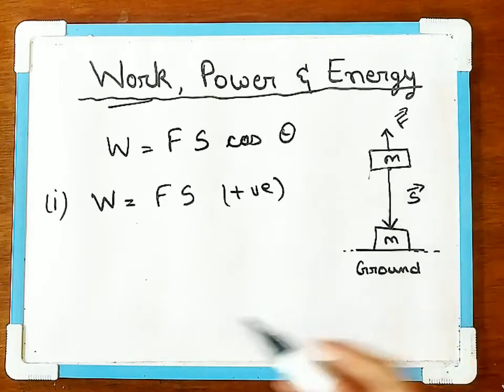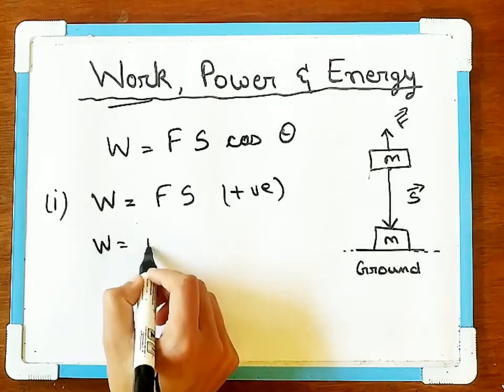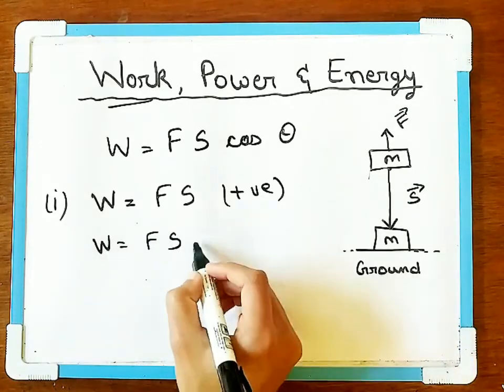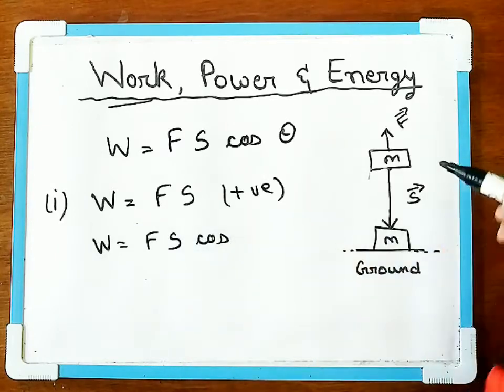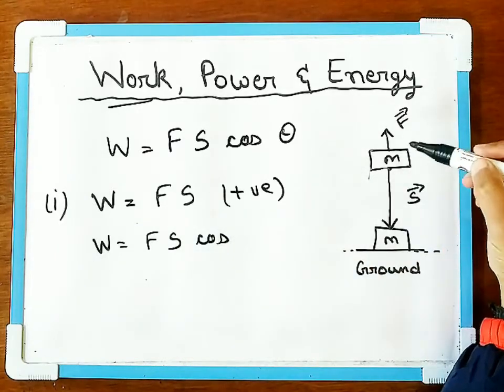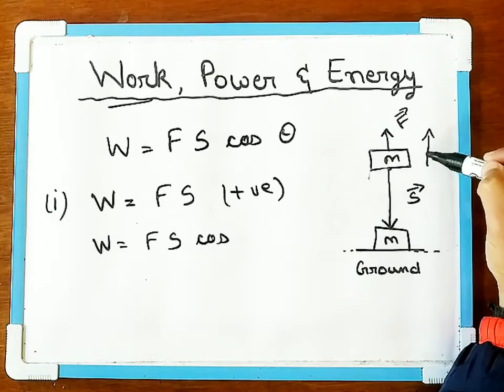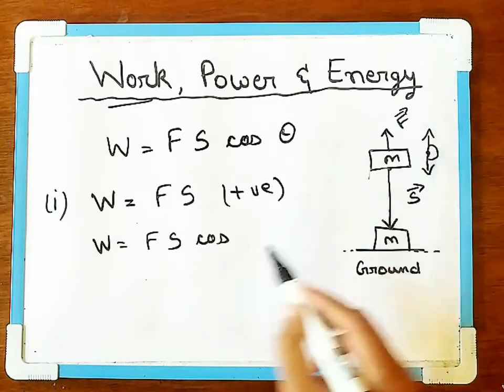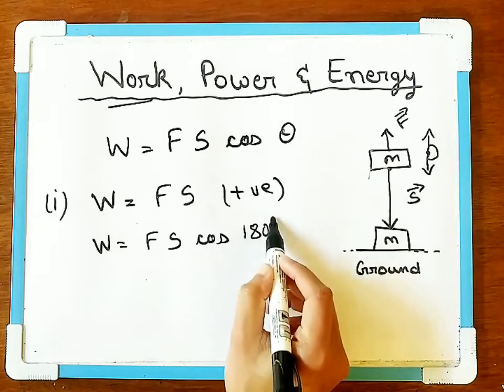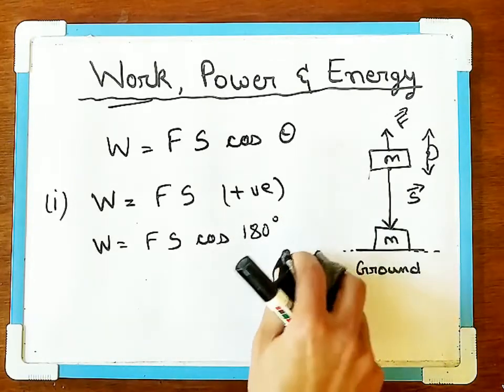So here the work done will be equal to Fs cos of the angle between the force and the displacement. So this is the force, this is the displacement, so the angle between them is 180 degrees. So we have cos of 180 degrees, and cos of 180 degrees is minus 1.